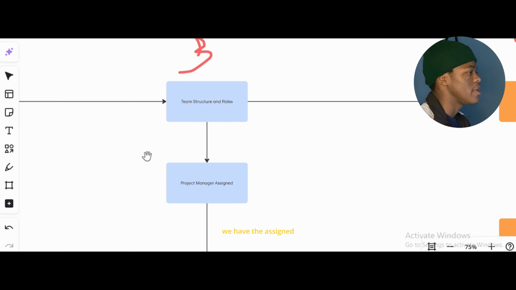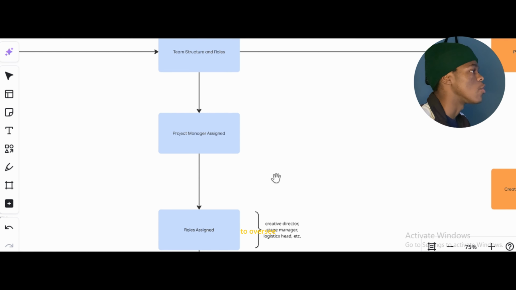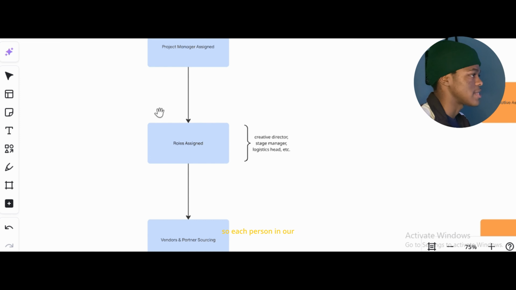We have the assigned project manager, whoever gets assigned to the project as the manager, who is going to oversee everything, making sure everybody is actually playing their roles. Then we get the roles assigned. Each person in our group is assigned a specific role for that specific event: creative director, stage manager, logistics head, tech operations, etc.